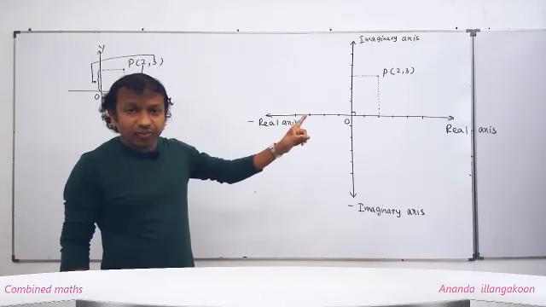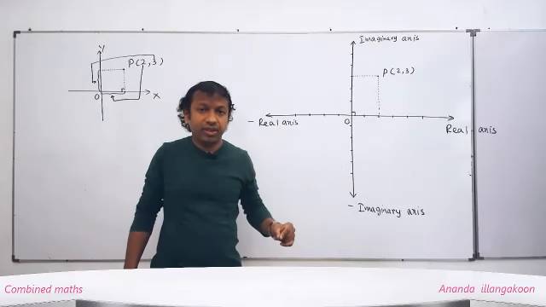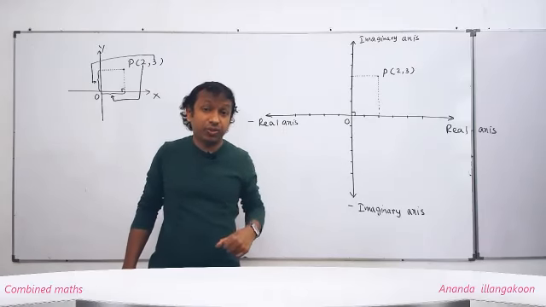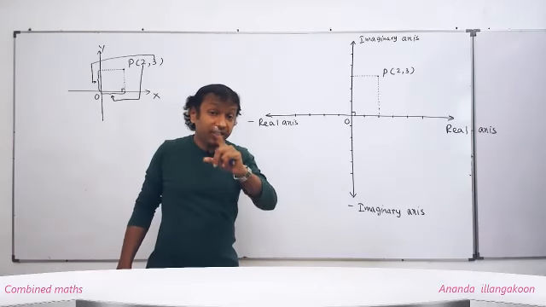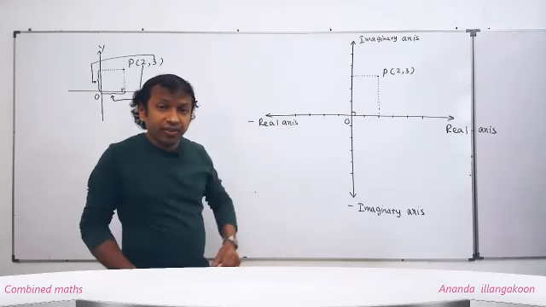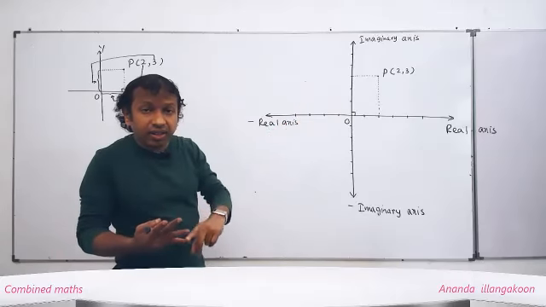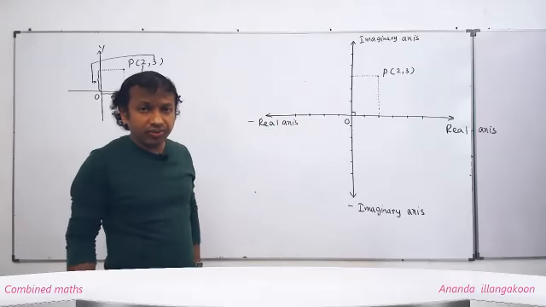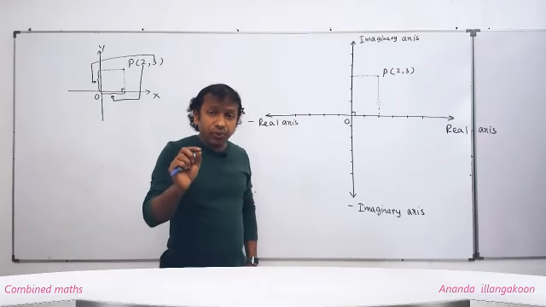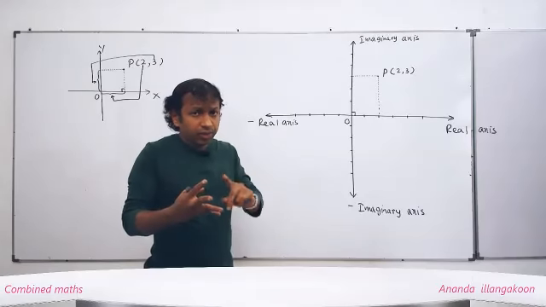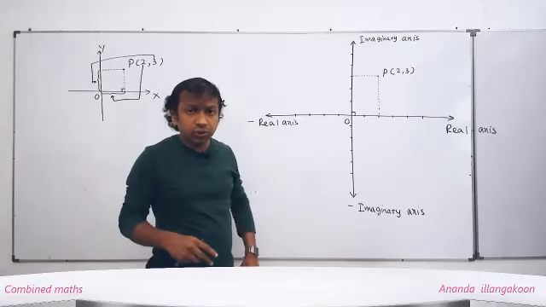The first part is the real part, coming along the real axis, the length. The other part is the imaginary part of a complex number, coming along the imaginary axis. Therefore, people, by a point on the Argand plane, we get the real part and imaginary part of a complex number. Understand? If we have the real part and imaginary part of a complex number, can we write the complex number? Yes, possible.